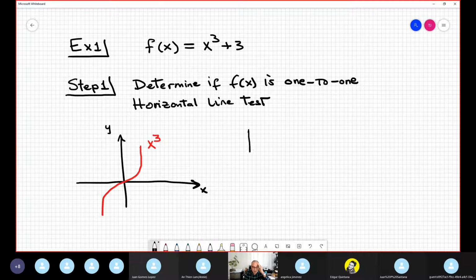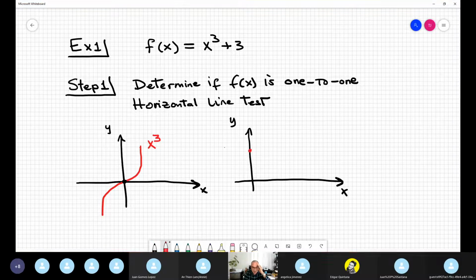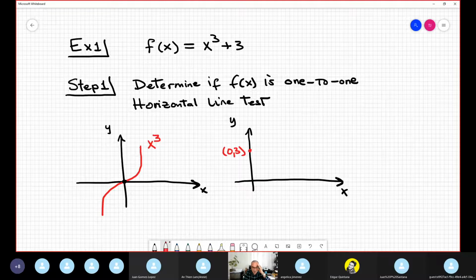The graph of our original function has the same shape as the base cubic function, but moving 3 up. The point that normally is 0, 0 now would be 0, 3. And my curve looks like that. This is x cubed plus 3.